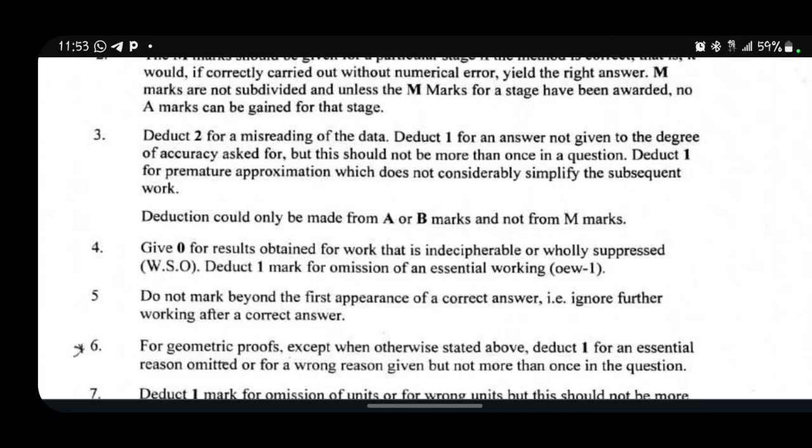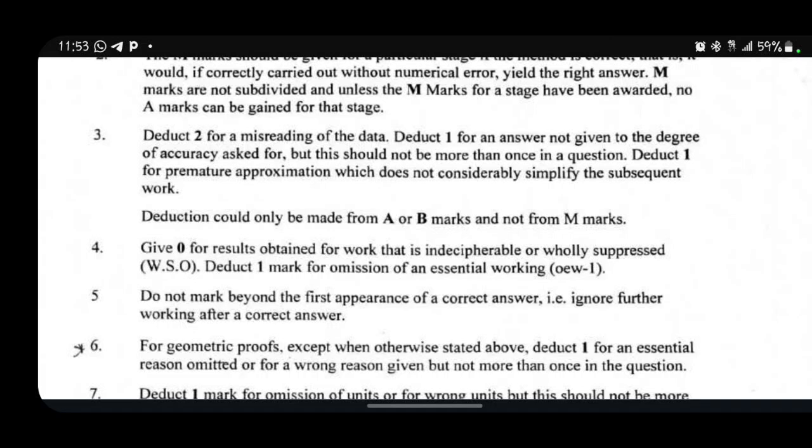Now in that case, if the student fails to round off his or her workings to this given degree of accuracy, then the student will lose 1 mark for not taking his or her answer to the degree of accuracy.